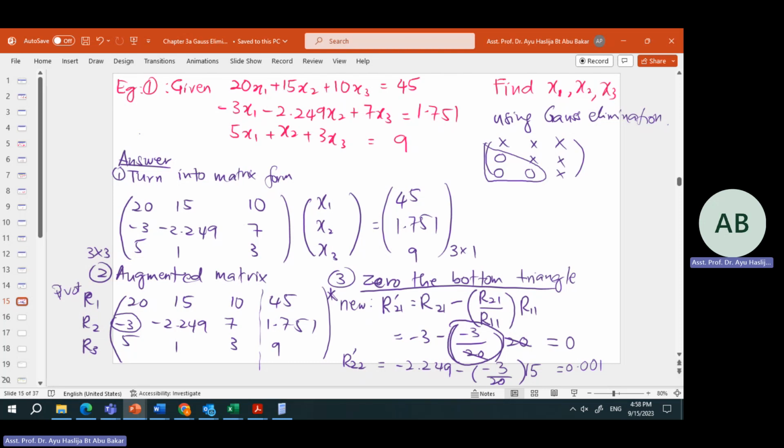Okay, try to find the R prime 23. R prime 23. So 7 minus the factor multiplied by 10.